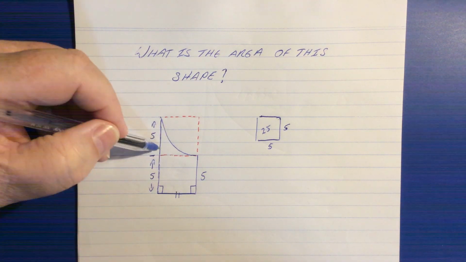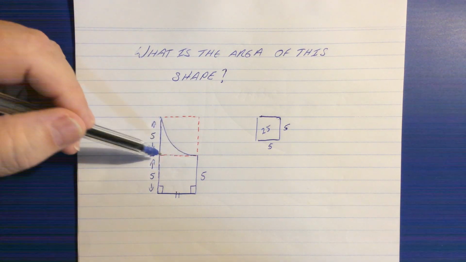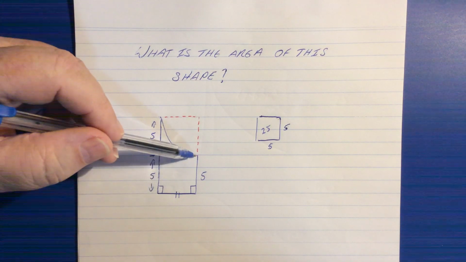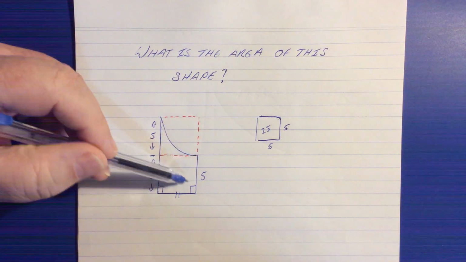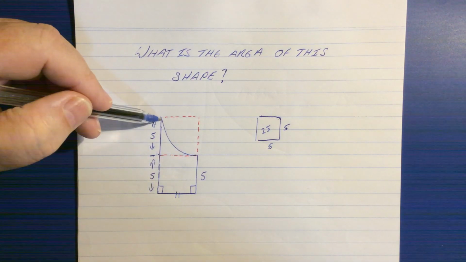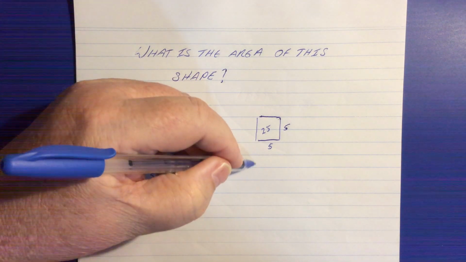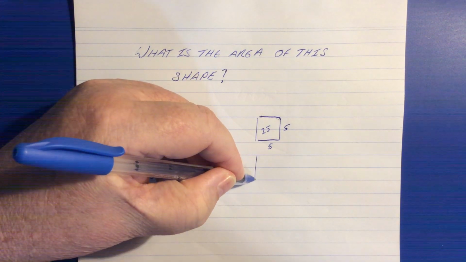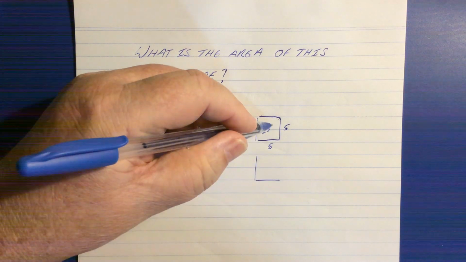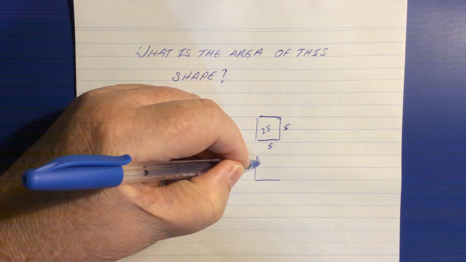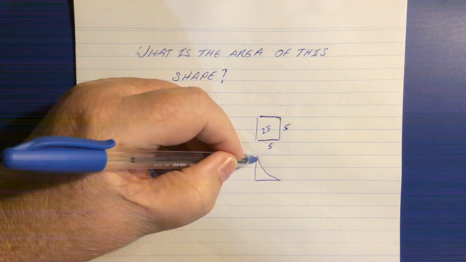Now, this thing here has got a width of 5 like this and a height of 5. So it started life as a square just like this, and it had a chunk bitten out of it, so to speak.